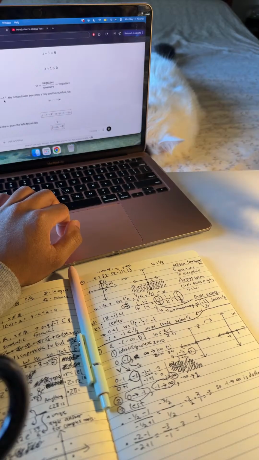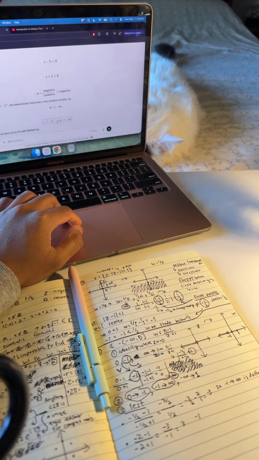So as z approaches -1, denominator becomes a positive.